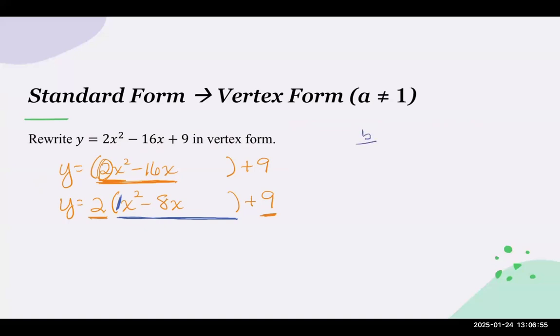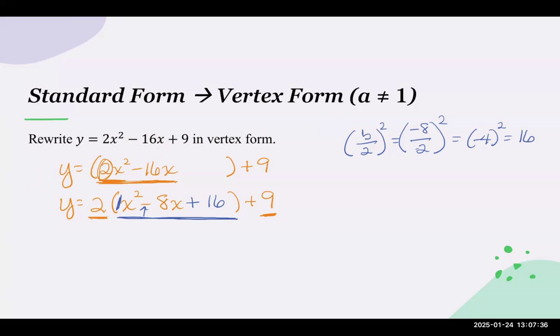So again, b over 2 quantity squared means we're taking a -8, remember to keep that minus with it, over 2 quantity squared. That's a -4 squared, which is a 16. So we are going to add 16 inside of the parentheses in order to create the perfect square trinomial that we need. Now, before we go subtracting 16 on the outside, stop for just a second.